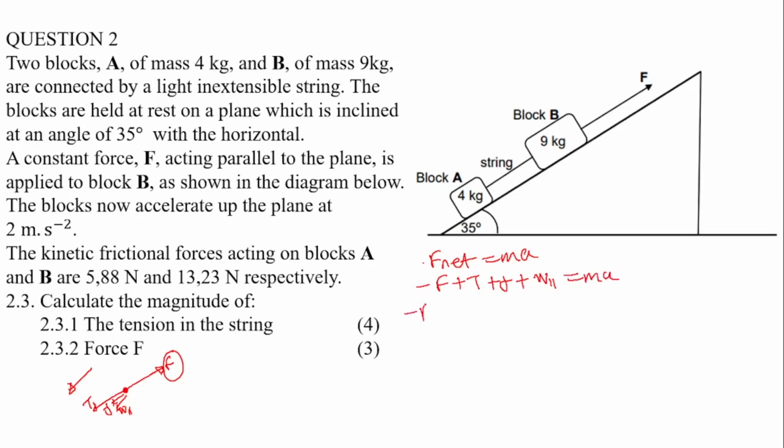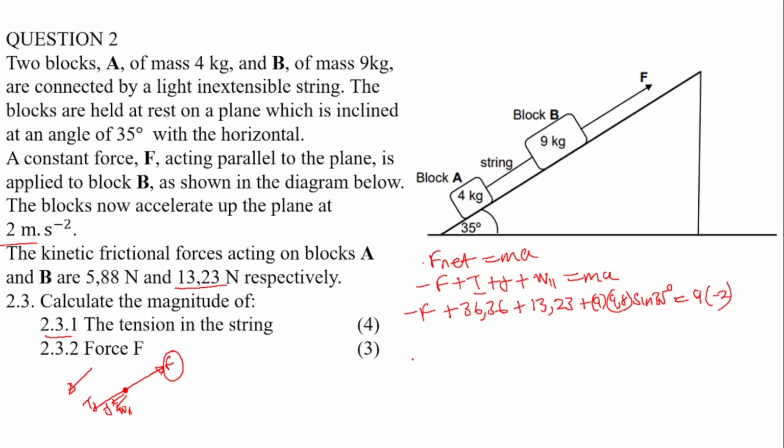Then it's going to be negative F, plus 36,36, we found our T in question 2.3.1, plus the friction, which is 13,23, and then plus mg, which is 9 times 9,8, times sine 35 degrees, is equal to 9, and the acceleration now is going to be negative because it's going down, negative 2, like that.